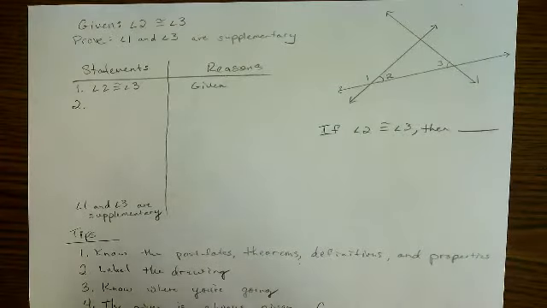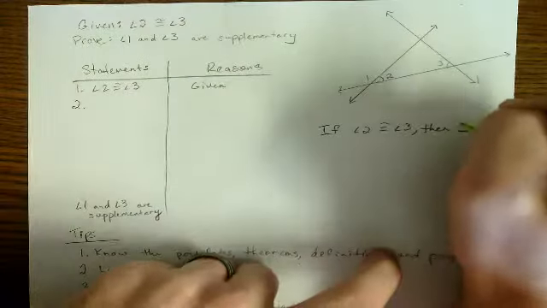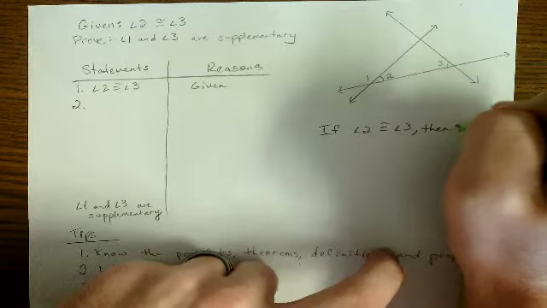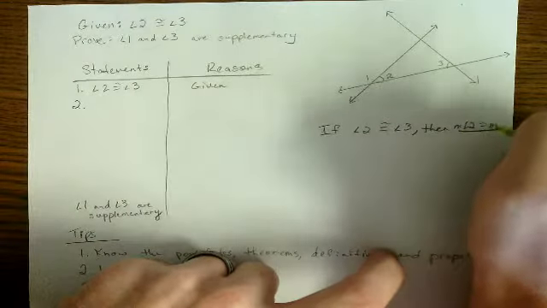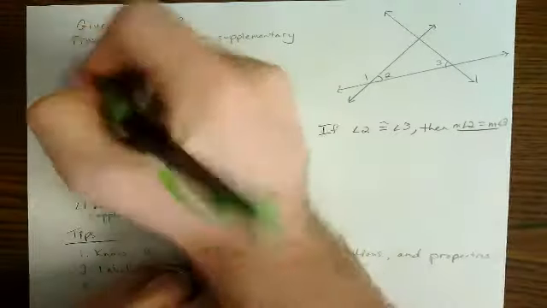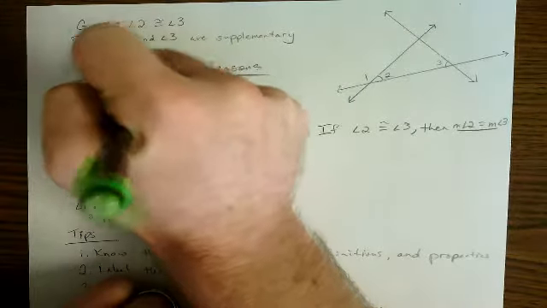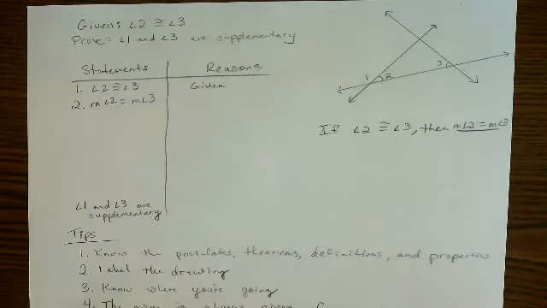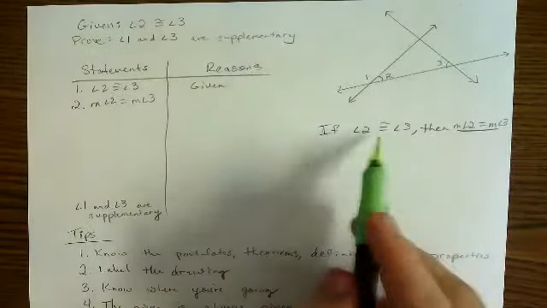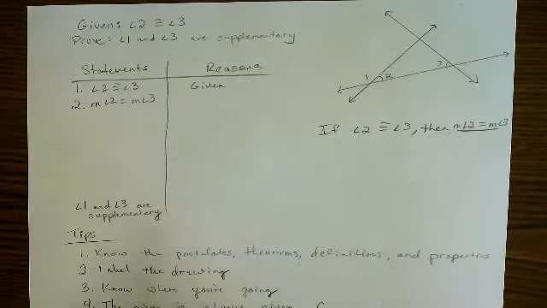You can just say, if angle 2 is congruent to angle 3, then the measure of angle 2 is equal to the measure of angle 3. It's a simple statement. These two are congruent, therefore their measures are equal.